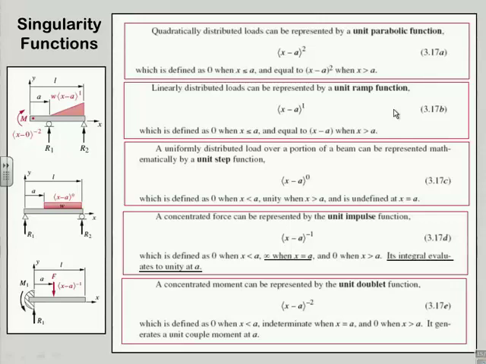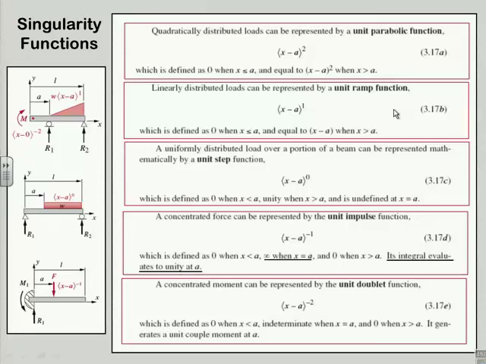So what's that saying? It says as I start to walk across the beam, until I get to a, there is no load from this guy. It's 0. Okay? Well, that's what the picture looks like. There's nothing there, right? Then I get to A, and I start to pick up load. And it's not that picture, because this is a parabola, so I start picking it up as the square of x. Parabolic distribution.